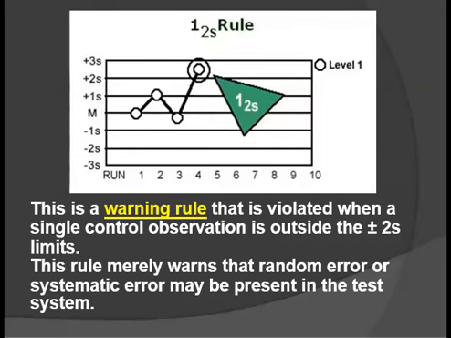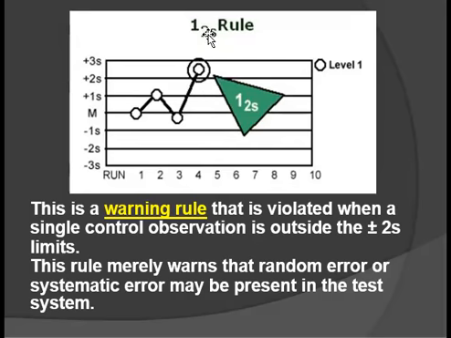This rule is the first one that I would like to present to you because this is only a warning rule. Yung ating 1-2S. So, warning rule siya kasi kapag mag-o-occur itong 1-2S, it's already a warning to us that there could be a possible random or systematic error that's occurring. So how will we know that this is already happening? Meron ng value sa ating chart na maa-apply ang 1-2S rule.